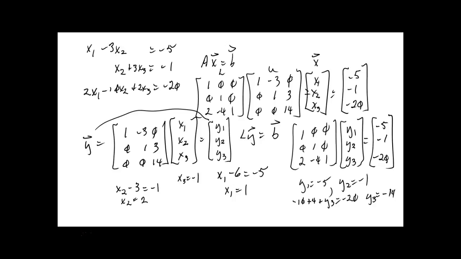Just put in a new b, and it goes just as fast. But you can't do that with row reduction because you have to go back and go through the whole process again. So this technique works if you have a given matrix and you want to test different output values.